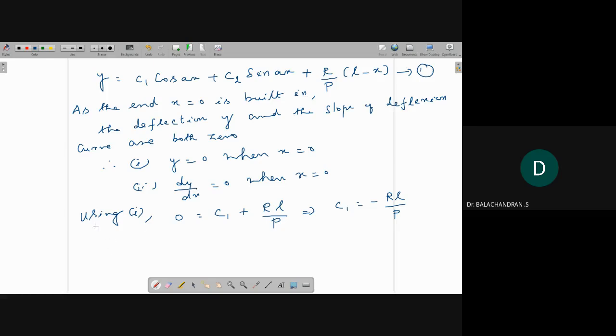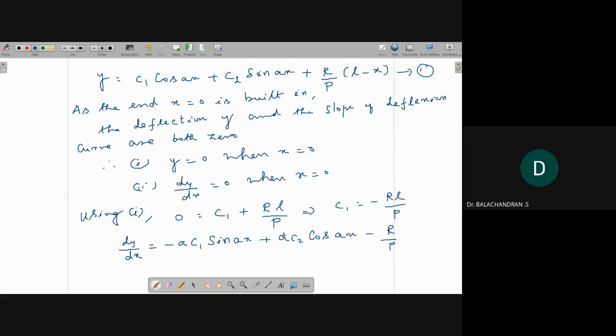If you differentiate 1 with respect to x, you get dy by dx equals minus a c1 into sin ax plus a c2 into cos ax, and if you differentiate the last term, you get minus R by P.